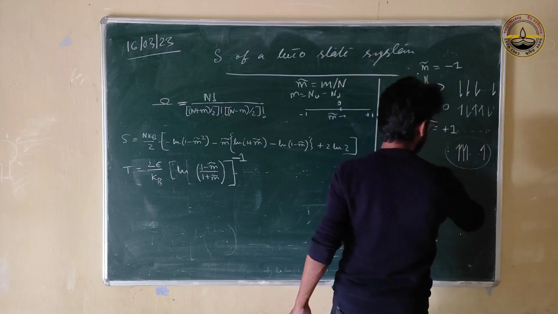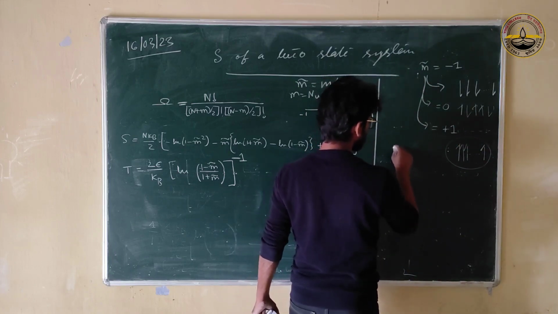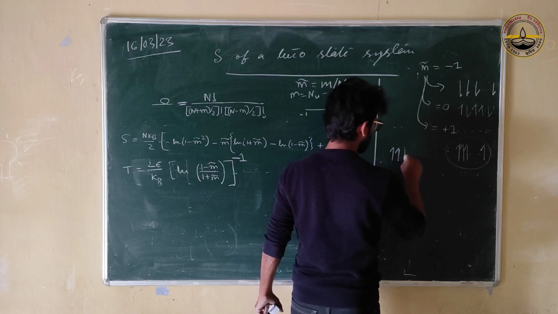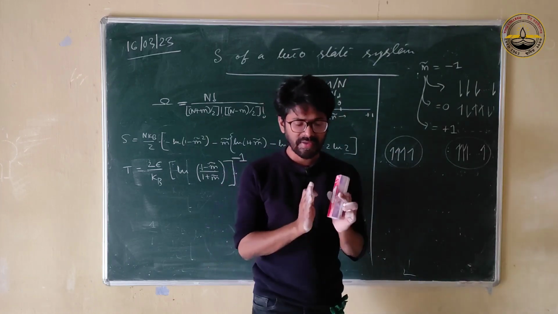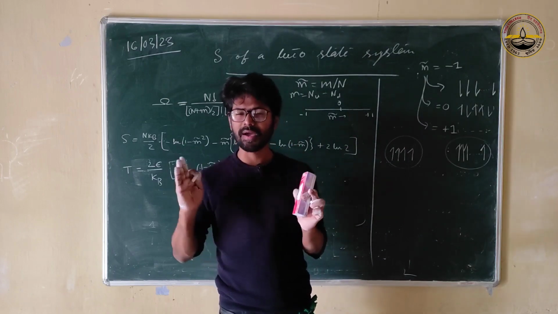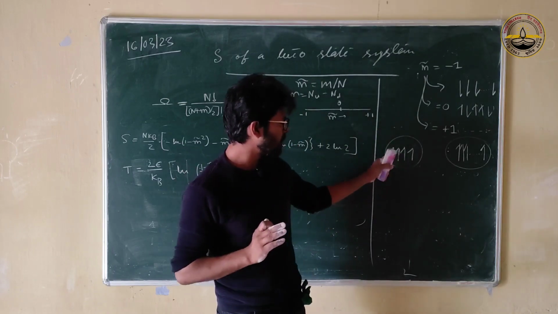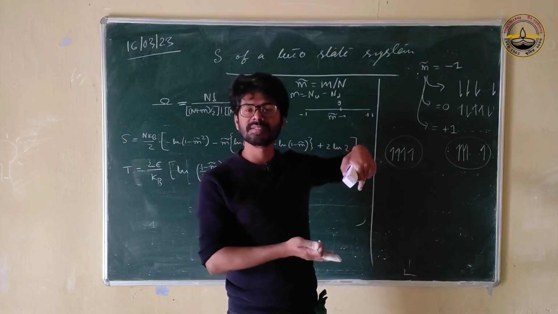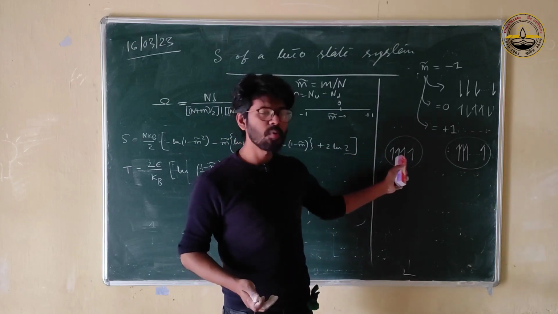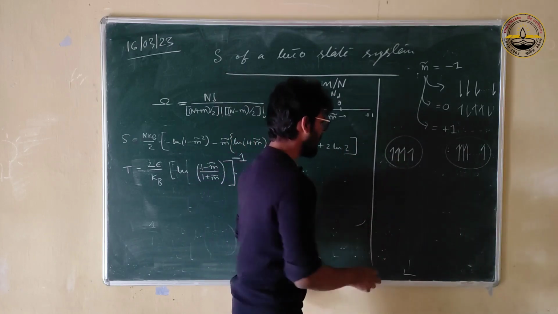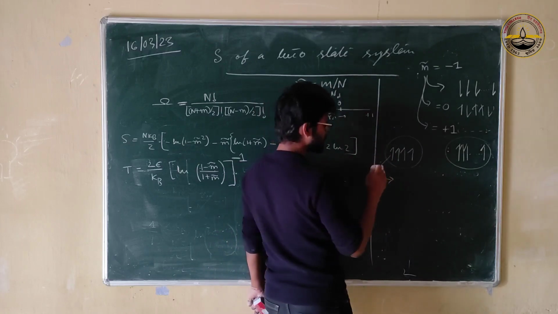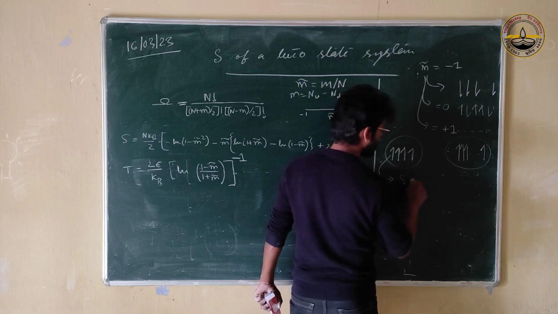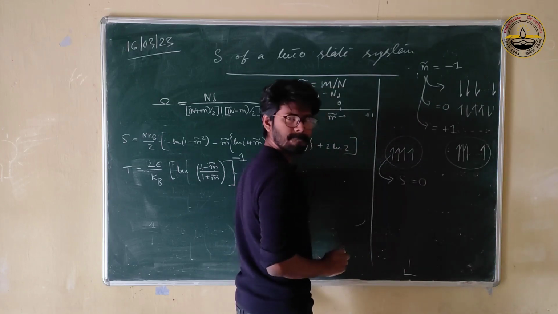Everything pointing up means, let's say there are 4 of them, and 4 of them pointing up. What is this? It's a very ordered, very organized system, right? One of them flips and you understand it's different. So this is the most ordered state, and therefore it should have minimum entropy. So you expect your entropy to be 0.